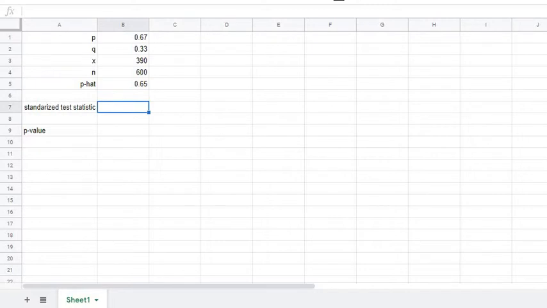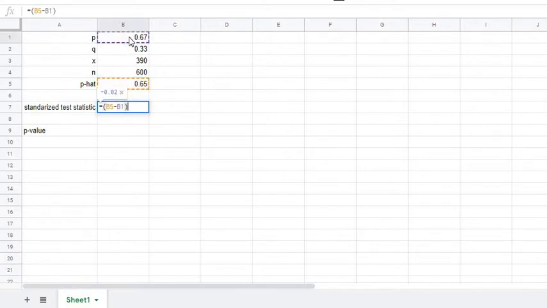Now let's go on to calculate our standardized test statistic. We're going to use the formula of p hat minus p divided by the square root of pq divided by n. So we're going to have to enter this very carefully. I'm going to type in my equal sign. In the numerator, I'm going to enclose it in parentheses: p hat minus p.